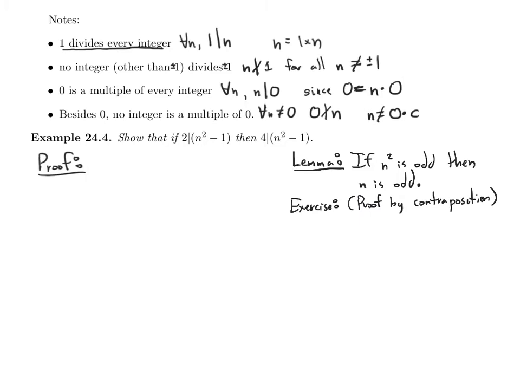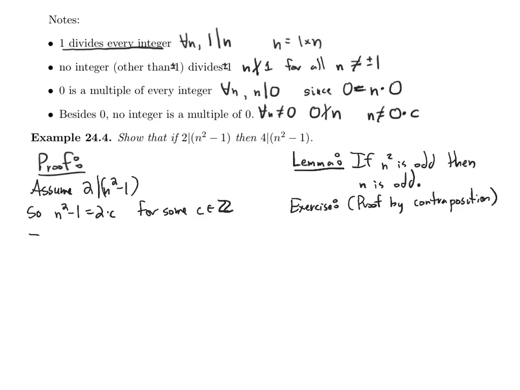Okay, so let's assume the if part is true. Let's assume that 2 is indeed a factor of n squared minus 1. Well, what does that mean? That means that we can write n squared minus 1 as 2 times c for some integer c.